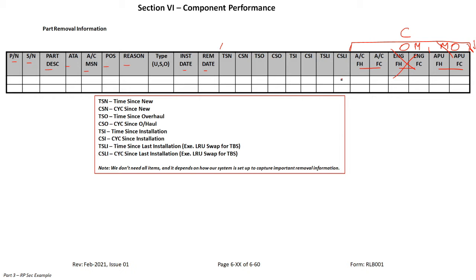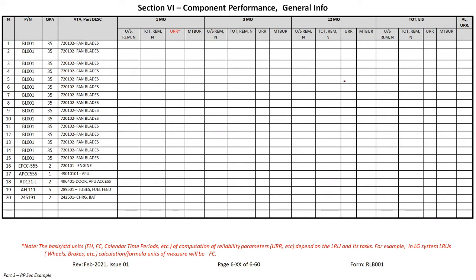Talking about component reliability, let's move to the next slide, and this is our core part 4, section 6. Component performance, LRU reliability. Let me first read what we have. Let's start again from the columns. We have here unscheduled removal numbers, total removal numbers, unscheduled removal rate, MTBR.